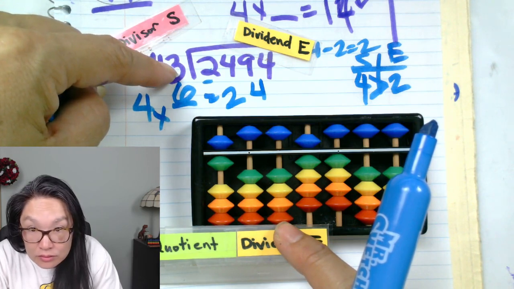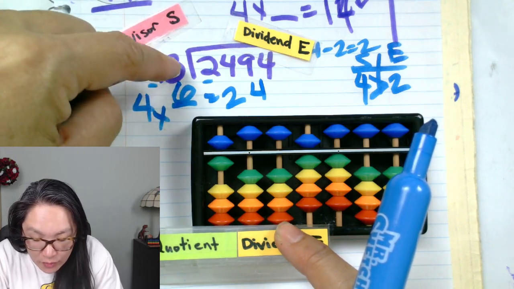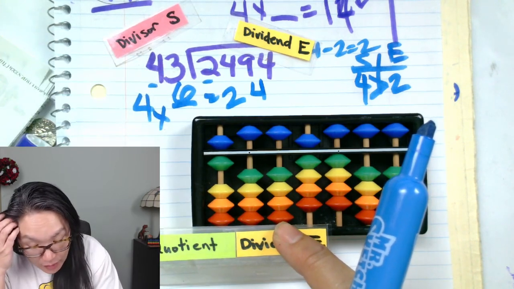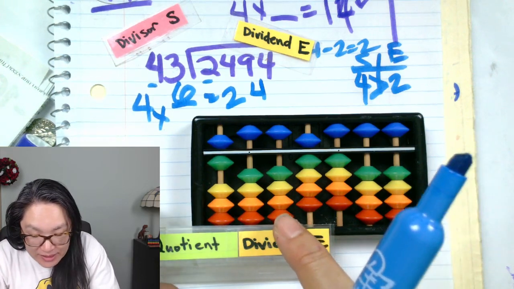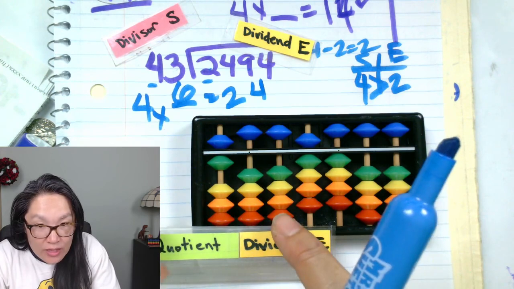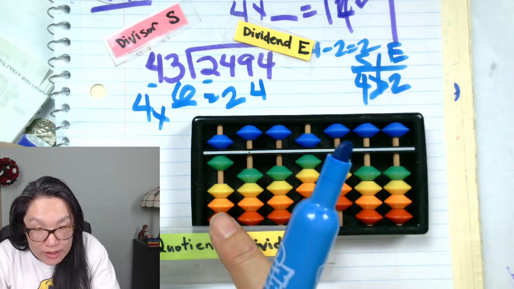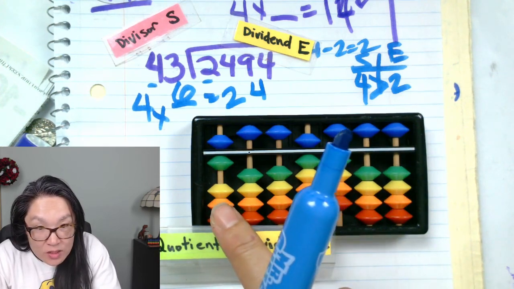So now we do 6 times 3 is equal to 18. If you look, I do not have any more beads to take away 18. What does this mean? This means that my quotient is too large. I need to make it smaller.